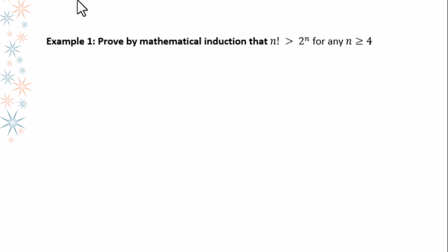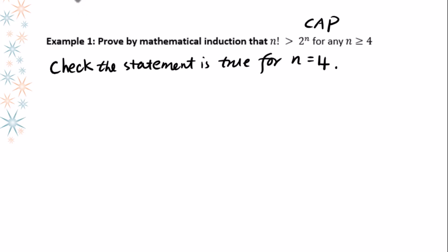Example 1. Prove by mathematical induction that n factorial is greater than 2 to the nth power for any n greater than or equal to 4. We use CAP. C represents check. Check the statement is true for n equals 4.